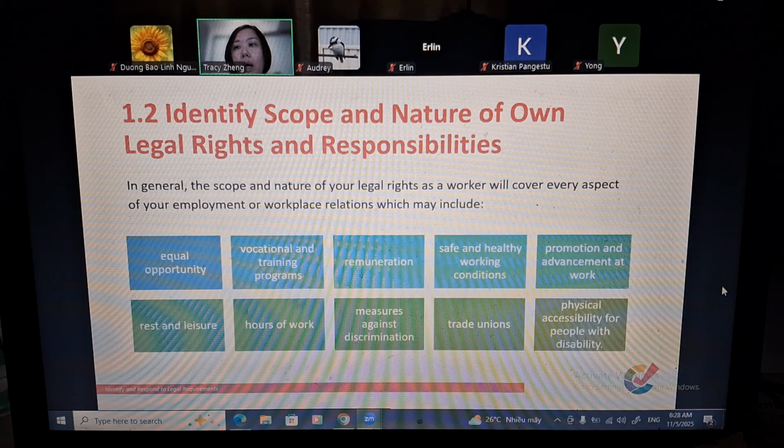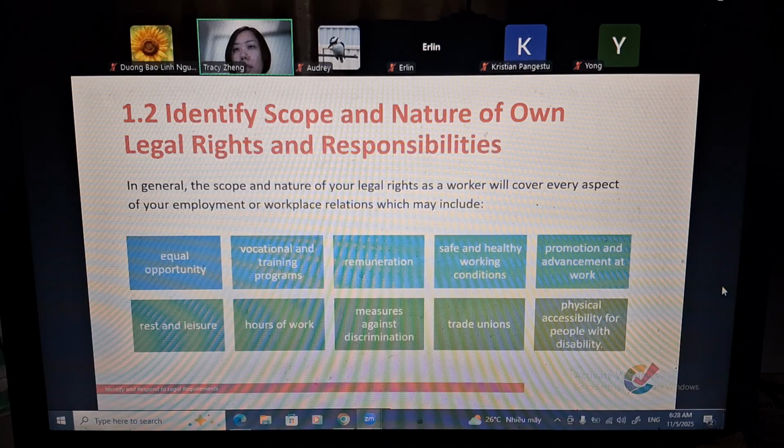And also, you do need to sign the agreement or the contract with your employer, right? Once you start working in that organization. So your employer does need to make sure they're offering you the hours of work that are the same as written on your contract, on your agreement.